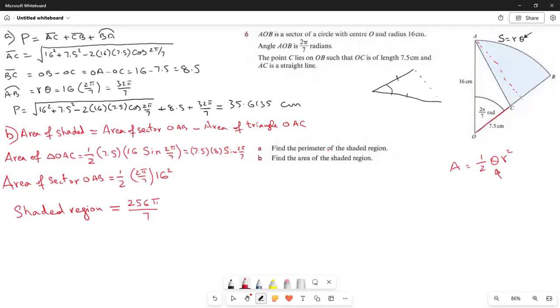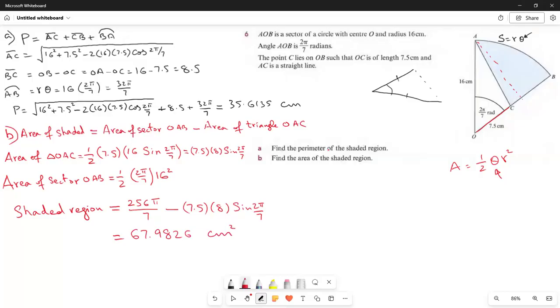And from this, I will subtract the area of the triangle. So triangle area is 7.5 into 8 into sine of 2 pi by 7. So when I do all this calculation, it comes out to be 67.9826 centimeters square.